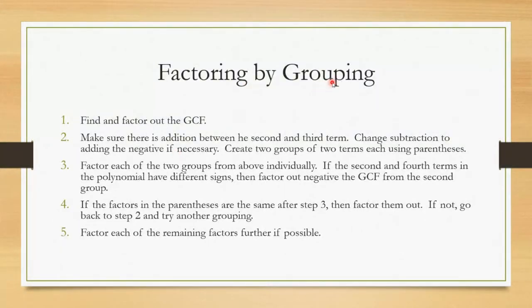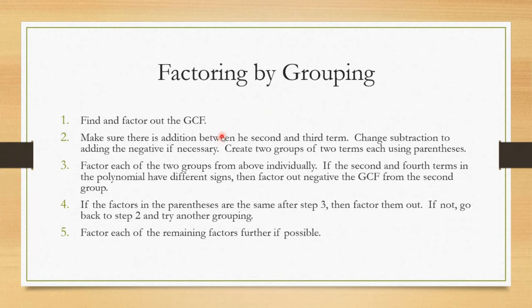I did write out a procedure here. It's what you use when you have 4 terms. I will demonstrate this using examples. Basically, you factor out the GCF from the entire polynomial first.